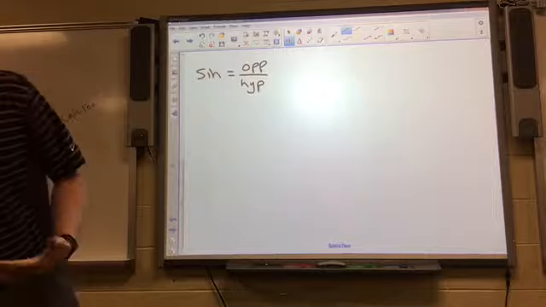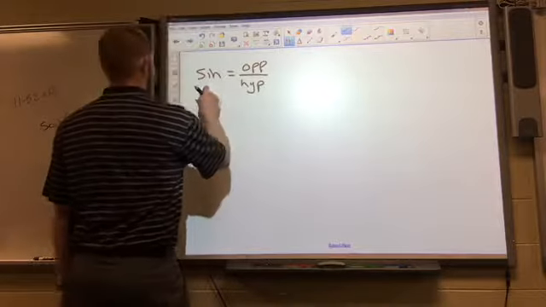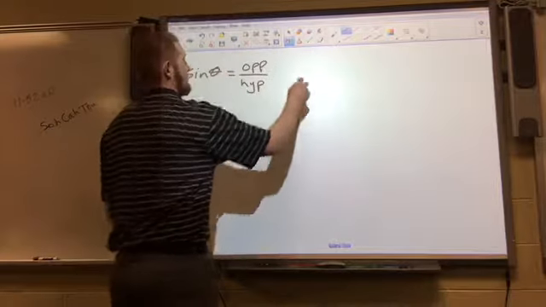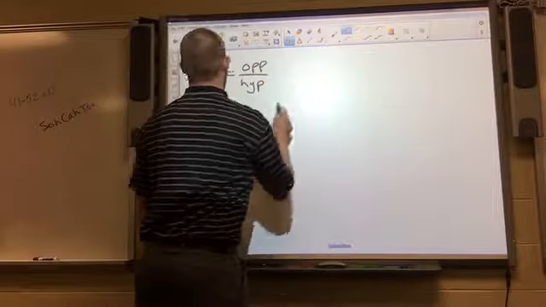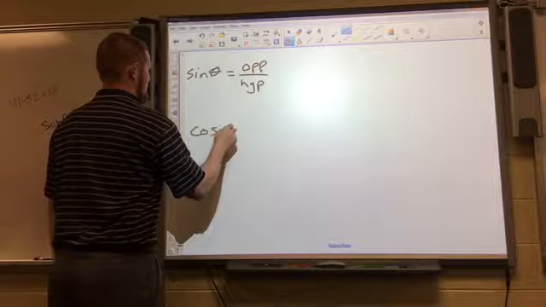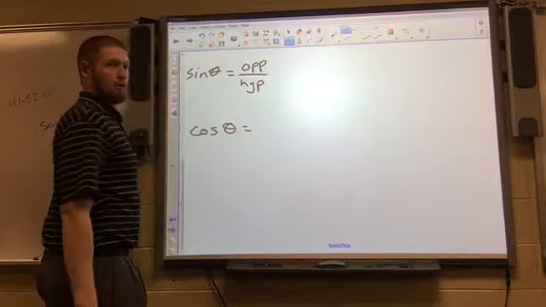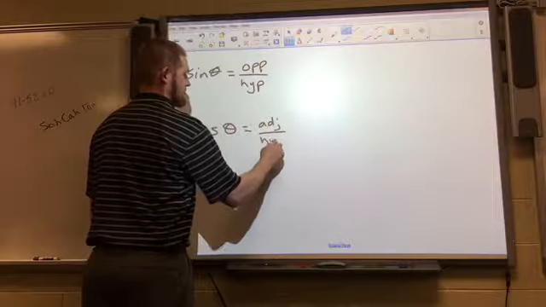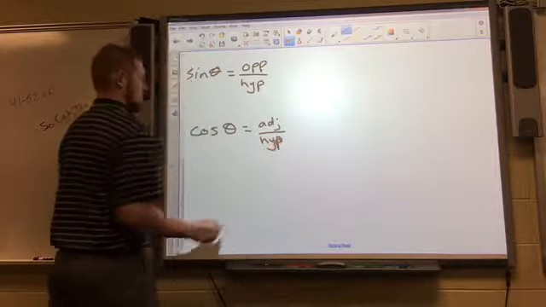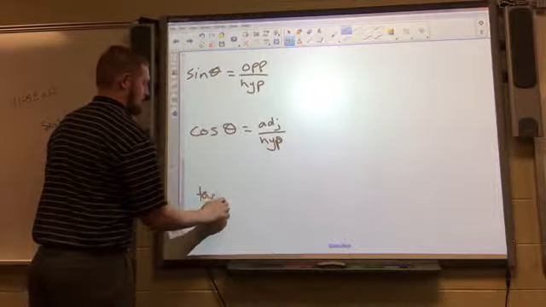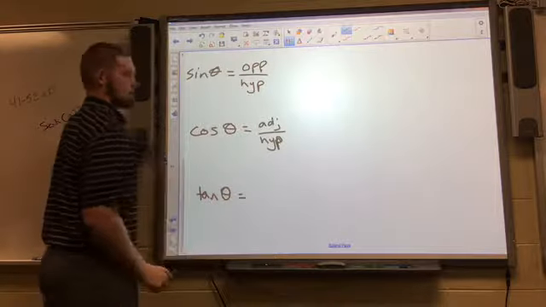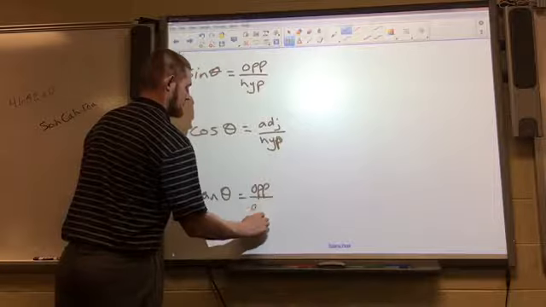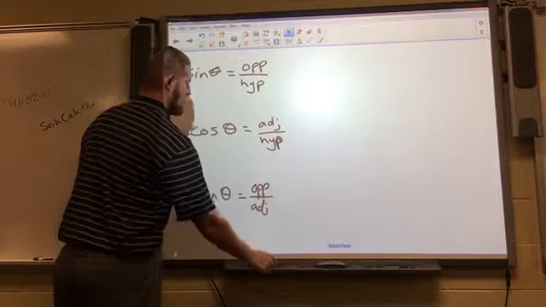And I guess they're going to call this sine of theta. For cosine of theta, cosine is adjacent over hypotenuse. And tangent of theta is opposite over adjacent.